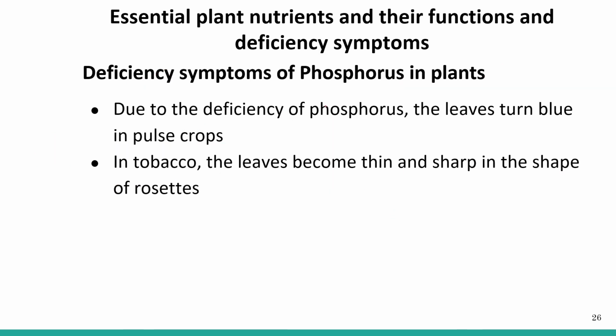The other deficiency symptoms of phosphorus are that the leaves turn blue in pulse crops. Pulse means the plant that gives you dals, as we call them in Hindi. In these dal plants or pulse crops, the leaves become slightly blue in color.